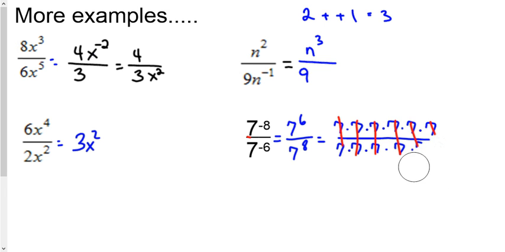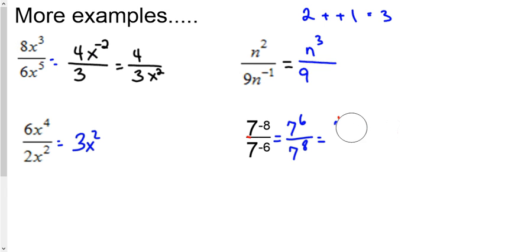Now, I think this is where you'll really start to appreciate the shortcut more than anything else, because we don't care if it's got positive exponents or not. We're just saying, let's divide our coefficients. What's 7 divided by 7? 1, right? And in this case, what is our exponent's base?